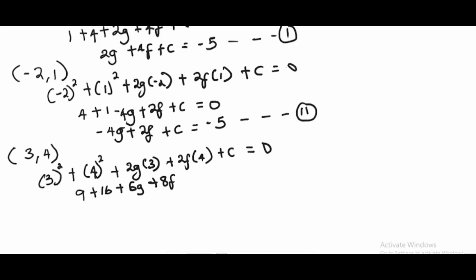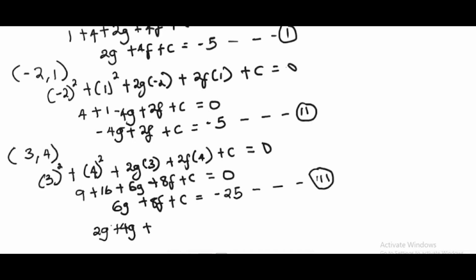So now I'm going to write out the 3 equations together so that we can be seeing the equations together while we solve. So the first we had 2g plus 4f plus c to be equal to minus 5. That was our first equation, right? So it has to maintain that name, equation 1.